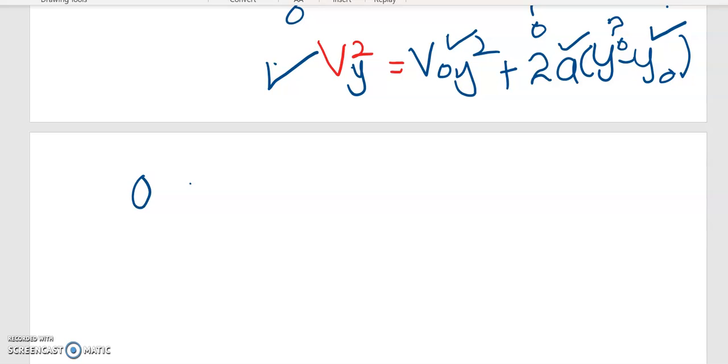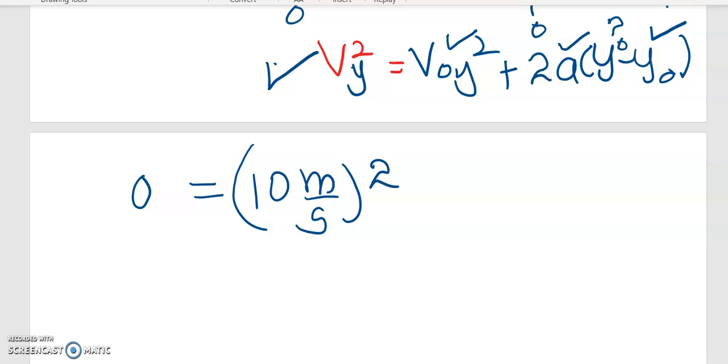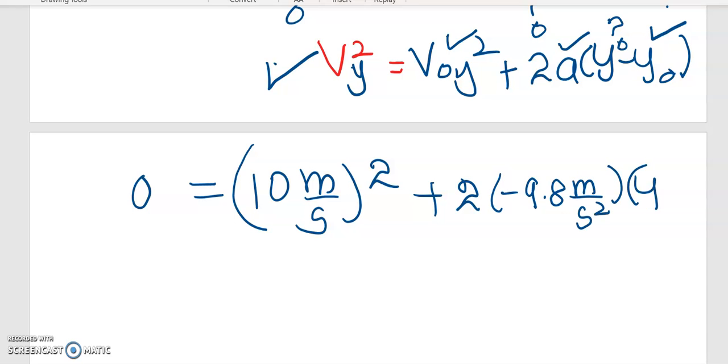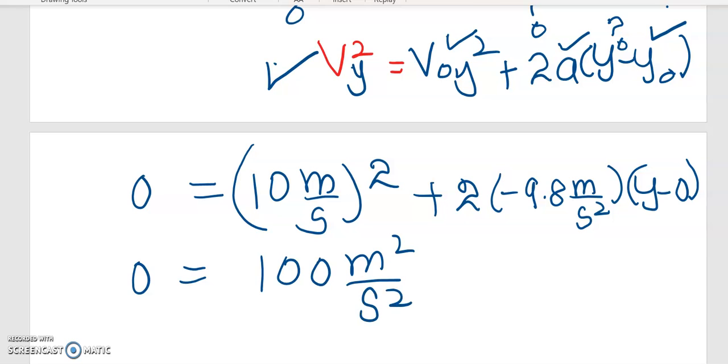Just do the substitution. 0 is equal to 10 meters per second, don't forget to square it, plus 2 times acceleration, negative 9.8, times y minus 0. So 0 is equal to 100 meters squared per second squared plus, actually it's 2 times 9.8, which is 19.6, negative, times y.